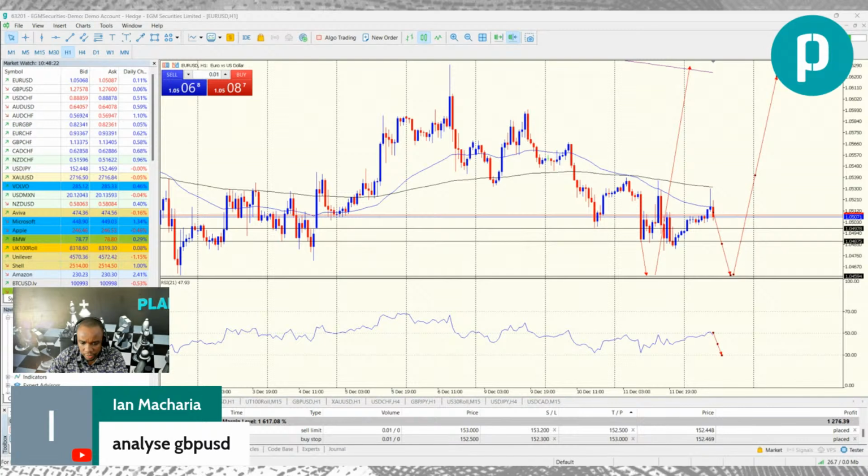And then if you're selling, your stop loss is above, maybe 1.0520. And then your take profit, of course, is below, at maybe 1.0460. Say place. So this is now the sell stop order.